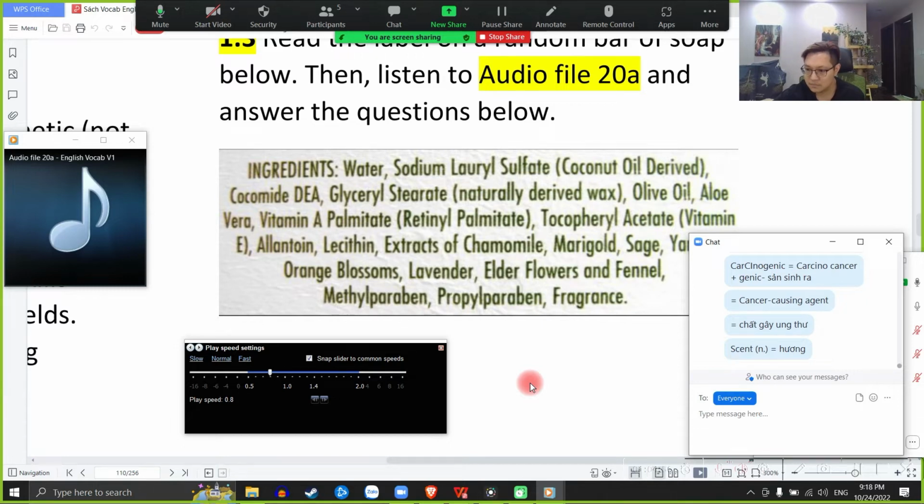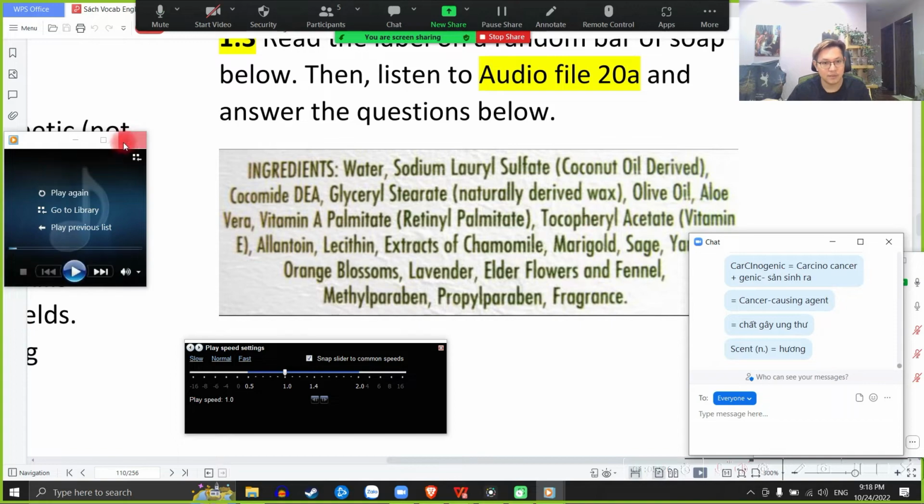How about cocamide DEA and glyceryl stearate? And it says naturally derived wax. Aren't they supposed to bind all the ingredients together? Yes, they are. Without those two ingredients, different components in the soap would just separate, and it would spoil easily. Or worse, mold would start to grow on the surface of the soap bar because a lot of the ingredients are fat-based.